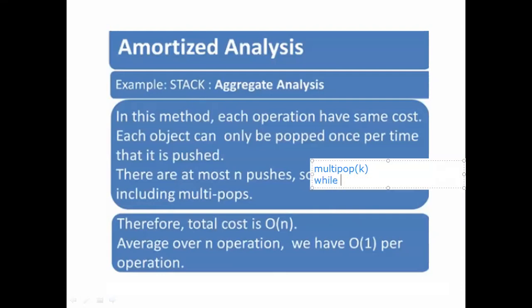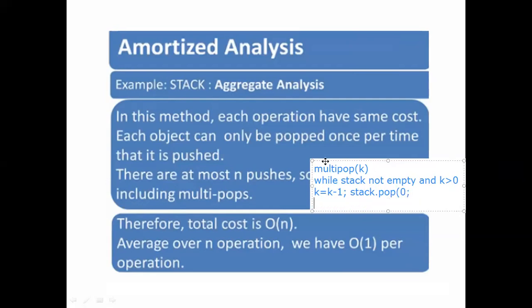While the stack is not empty and k is greater than 0, meaning the stack contains some data, then k equals k minus 1, and the top element is removed using the function stack dot pop. So this is the multi-pop operation.